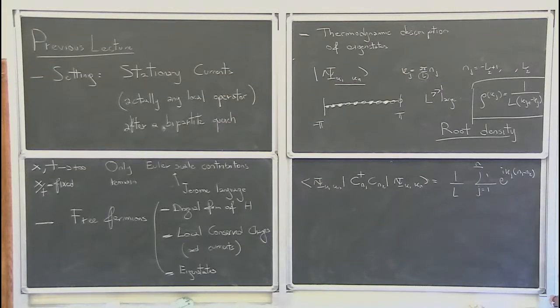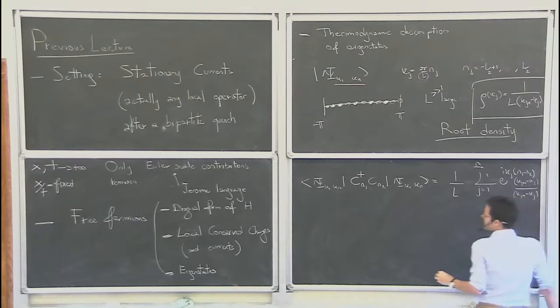Now let me multiply and divide by (kj+1 minus kj). When I take the L to infinity limit, this difference is getting very small. It's basically going to a differential, because this is the difference of two neighboring momenta, and these are getting dense.